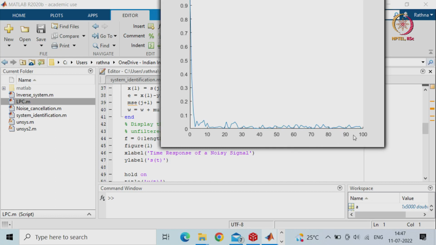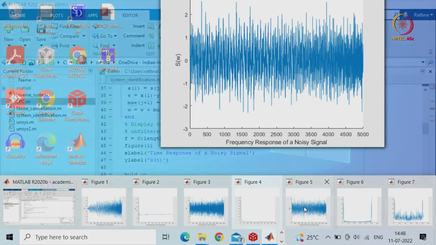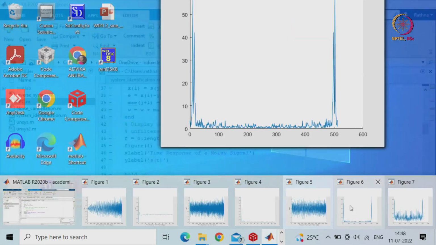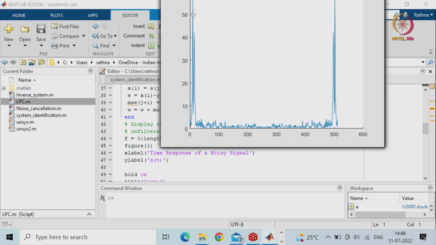Somewhere around 100 iterations it is coming down, and the next one is the frequency response of the noisy signal in the frequency domain, S of W, with respect to the weight vector. Figure 6 is the sine wave, and we have done this at 1000 iterations.